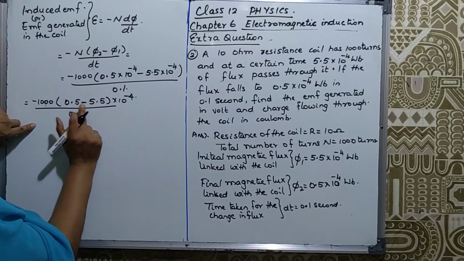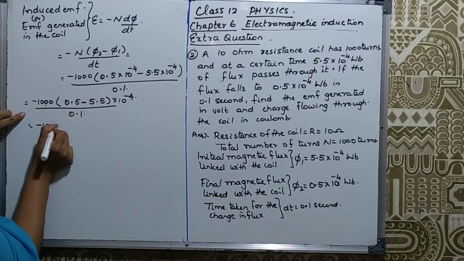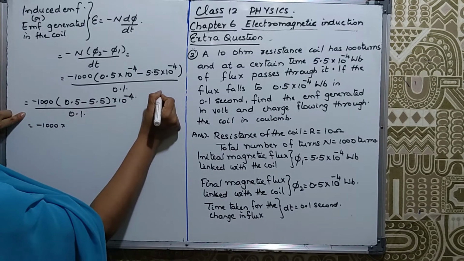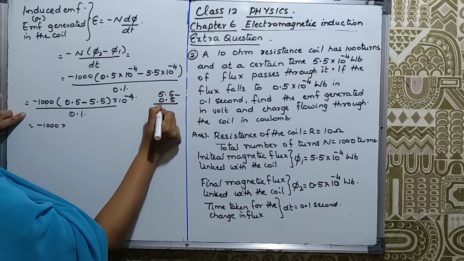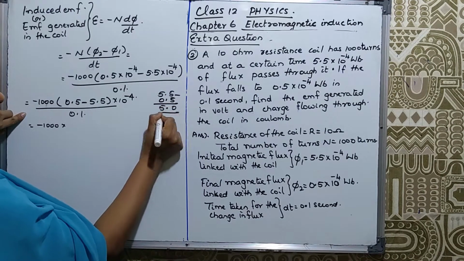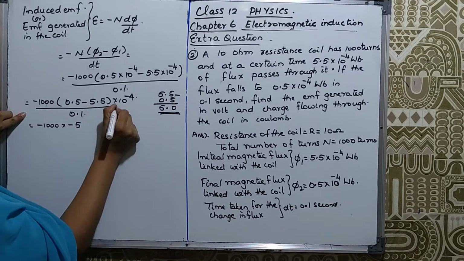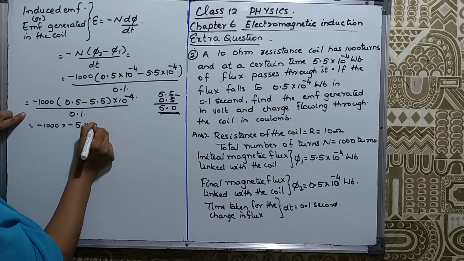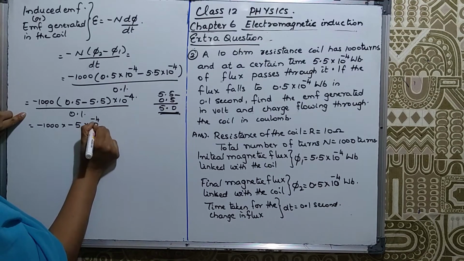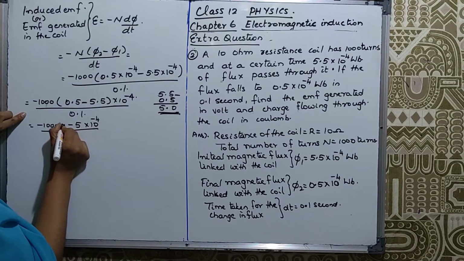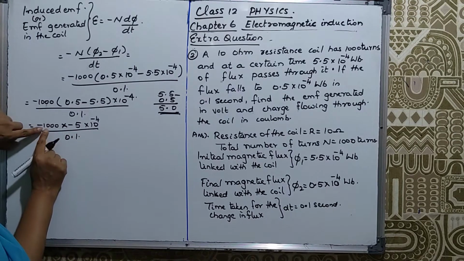So, 5.5 minus 0.5 is 5 actually, so minus 1000 into minus 5, 10 to the power minus 4, divided by 0.1.